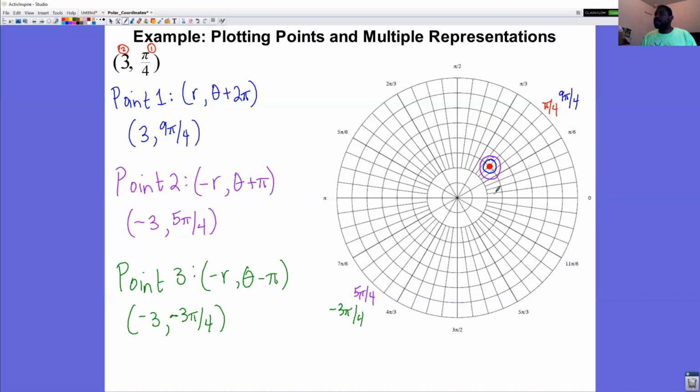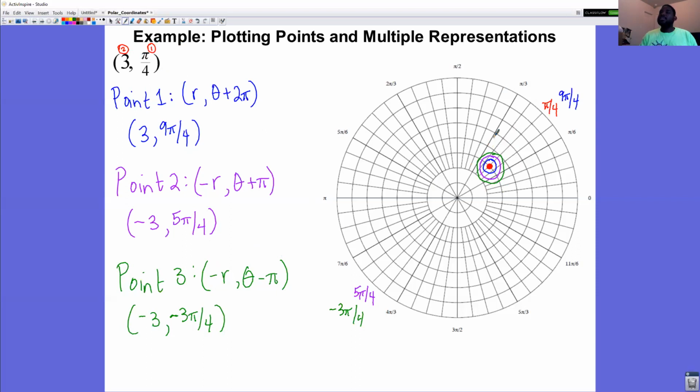But at negative 3 pi over 4, we're supposed to go negative 3 units. So normally we would go here, but because r is negative, you go in the opposite direction, which puts you back over here. So it's the same exact point. So we have a total of 4 representations, including the original one, which means 3 additional representations for the same point.